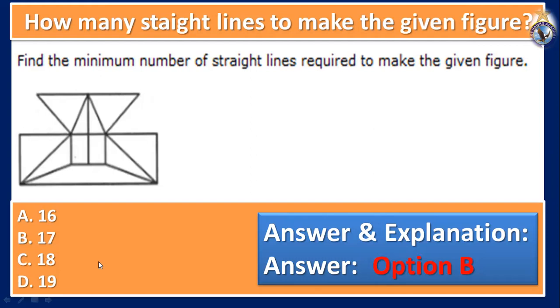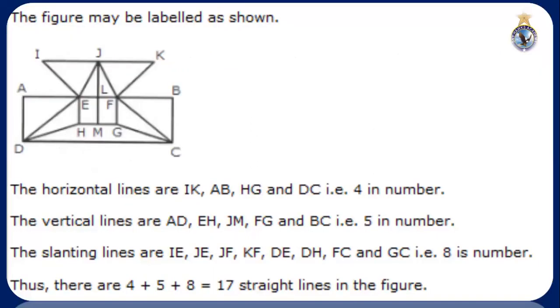So let me explain this with the labeling of this diagram. This is a way just to count the lines. The first step is that we are labeling all these vertices, all the corners, with A, B, C. So first we are considering this rectangle, the biggest part of the figure.